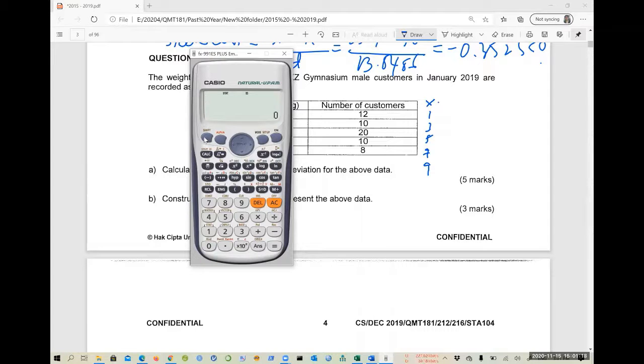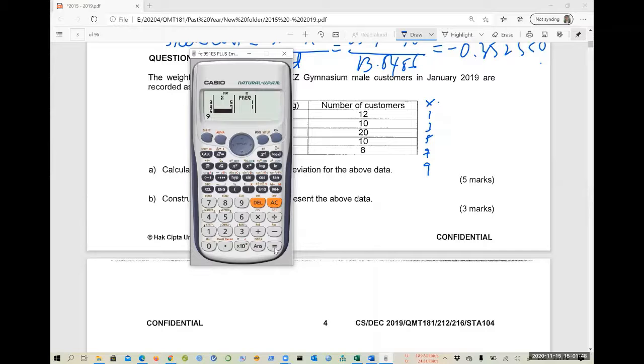Click shift, number 1 to enter data, and choose number 2. Now you have the frequency column. Let's enter the values. X will be 1, 3, 5, 7, and 9.